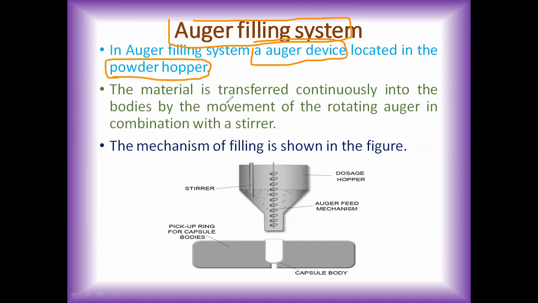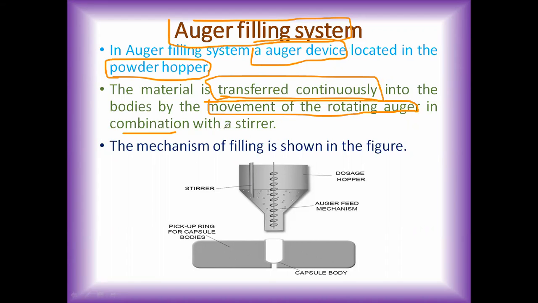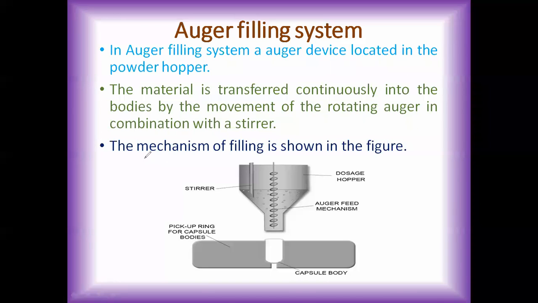The material is transferred continuously into the bodies of the capsules by the movement of the rotating auger in combination with the stirrer. You will get more understanding when you look at this schematic diagram, which talks about the mechanism of filling in the Auger filling system.